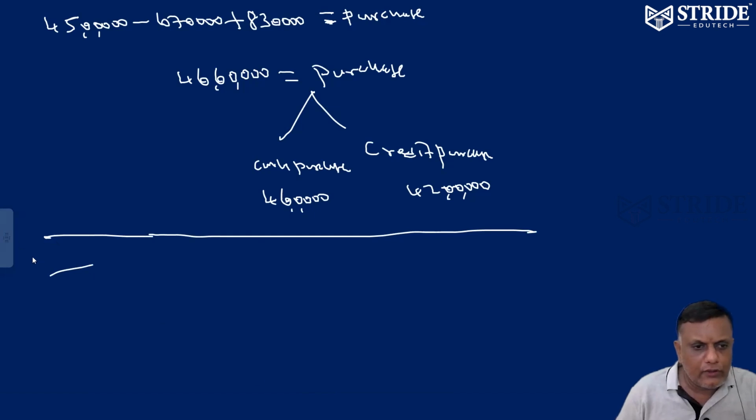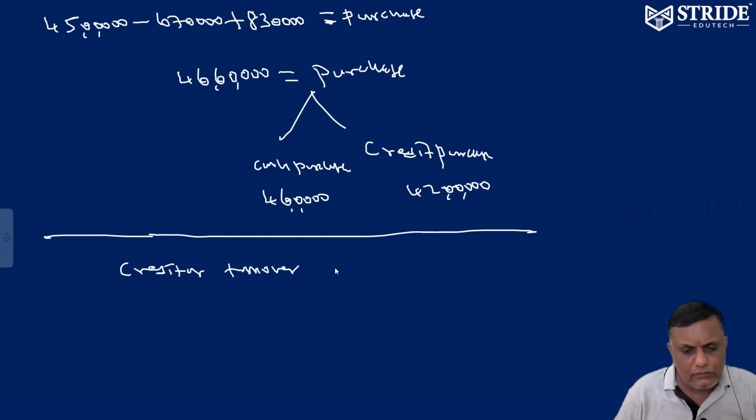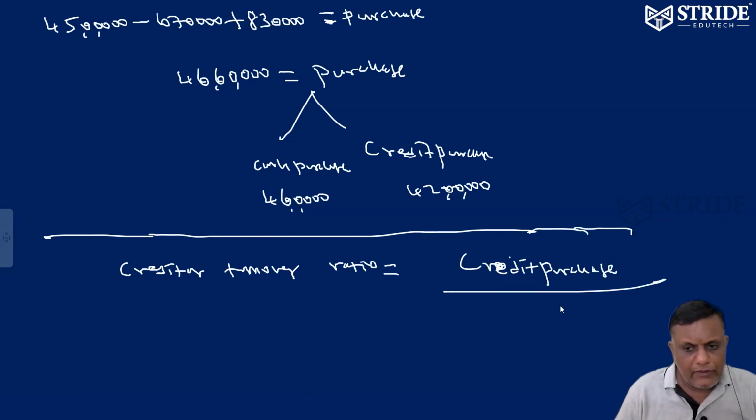Creditor turnover ratio is equal to credit purchase by average creditors.